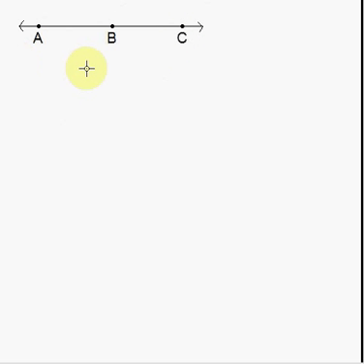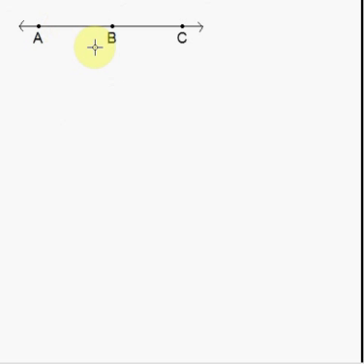Okay, and remember we talked about a ray. It has an endpoint, and it can go in this direction or in this direction. And we make sure that we label them beginning with the endpoint.